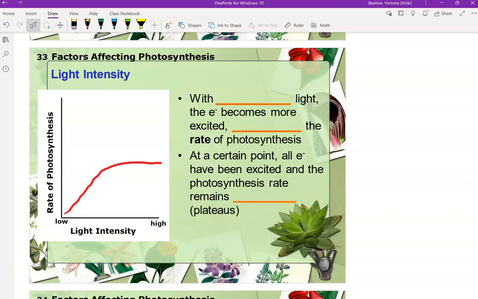So we're talking about light. We're not talking about temperature. We're talking about sunlight. So with increasing light, like light intensity, electrons become more excited, and this generally increases the rate of photosynthesis. Now, a really good example of this is in the Midwest.